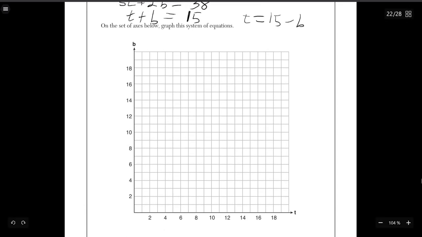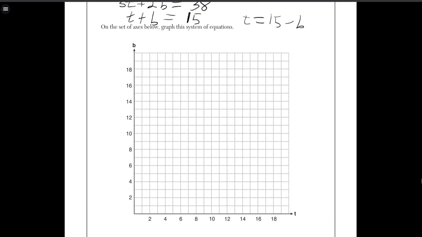Either way, this is not hard to graph. When t is 0, b would be 15. Let's put a mark right there. And actually, we don't even have to figure out each one. Since it's linear, we can just find the endpoints, or really any 2 points, and then use a straight edge, like a ruler or page, to draw a straight line.